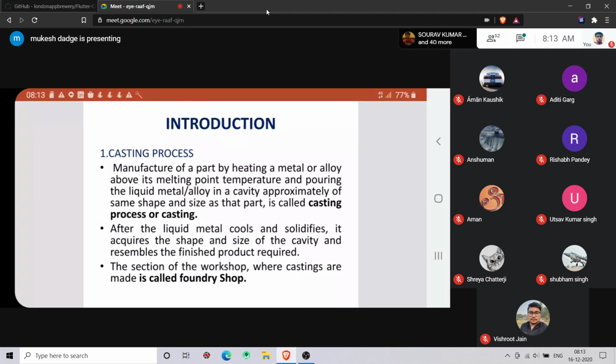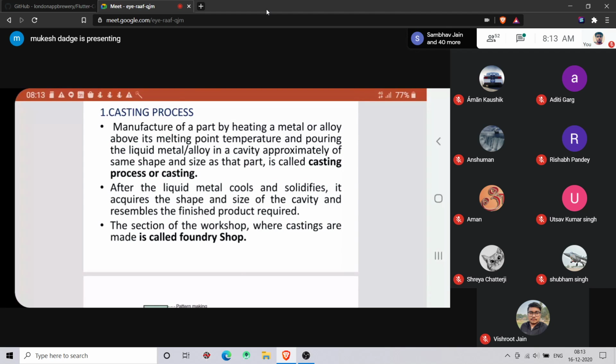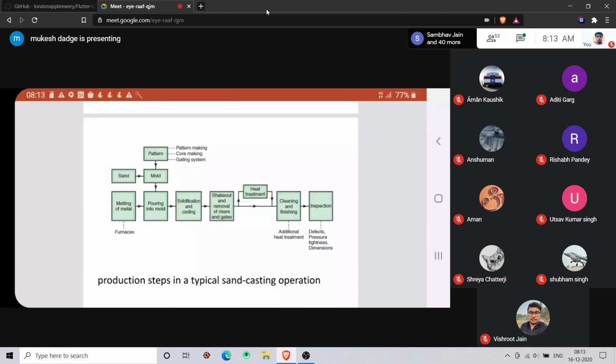This is about the casting process, and I have already shown you this diagram. You have to draw these process steps in your file. I have already explained it.